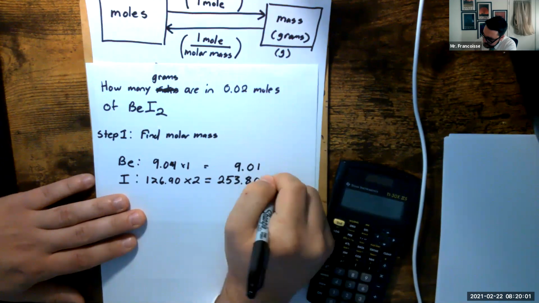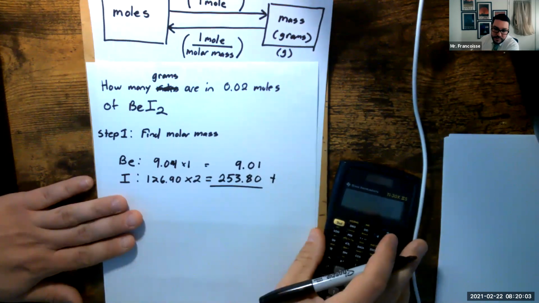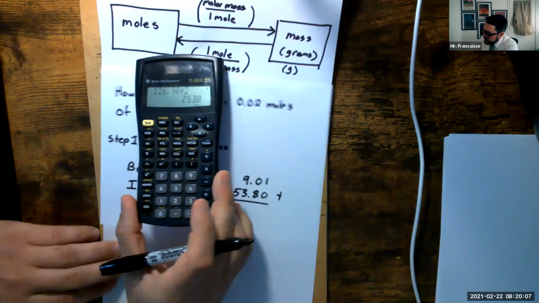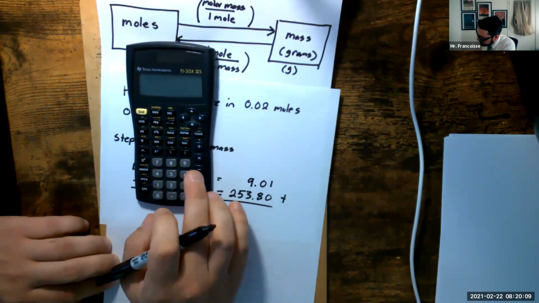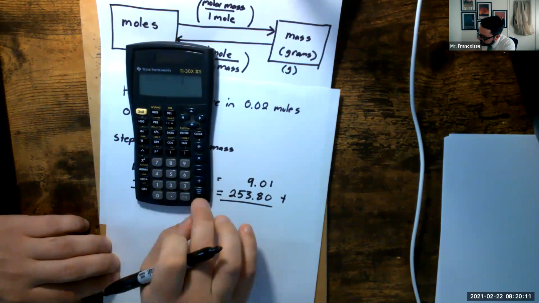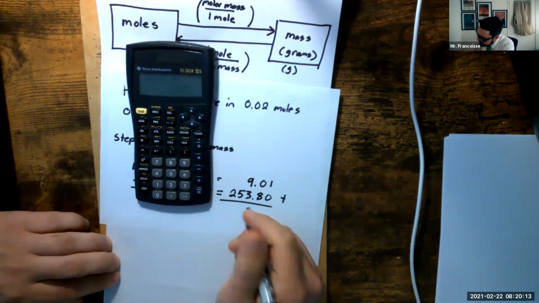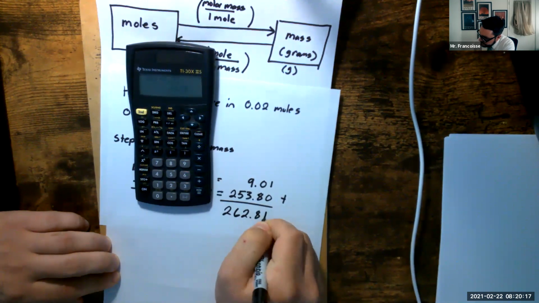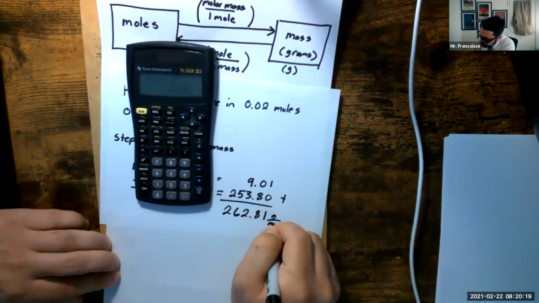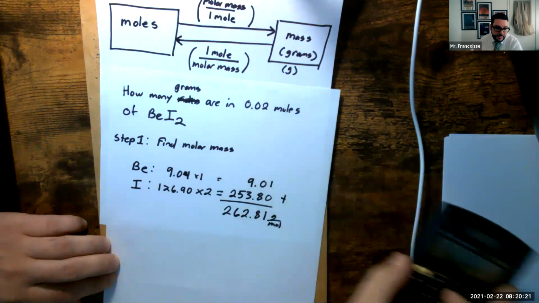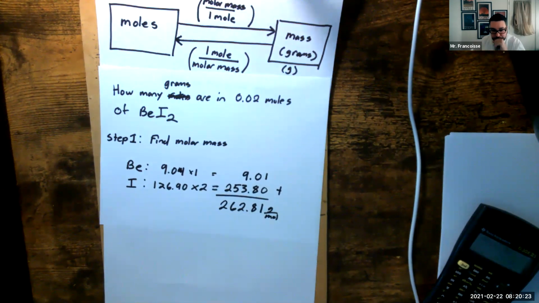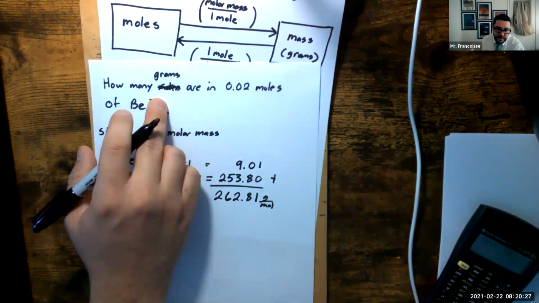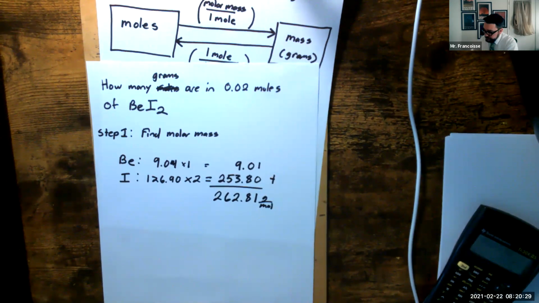We'll just add our 2 together. I already have the number in my calculator. I'm just going to add 9.01. So we get 262.81. That's our first part. Now we have our molar mass of BeI2. We can solve.